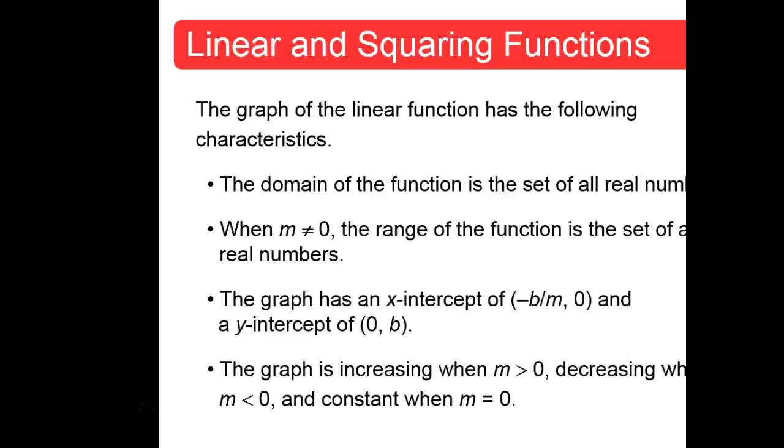So if you have m not equal to 0, not horizontal, and of course it's not vertical because that wouldn't be a function anyway, then what's the range of that function? All real numbers, because they go on forever. Okay, and so it'll be all real numbers. If the slope is 0, what's the range of the function?